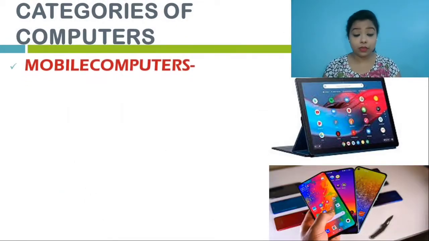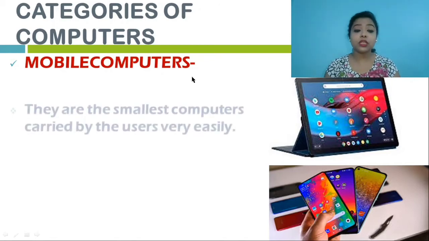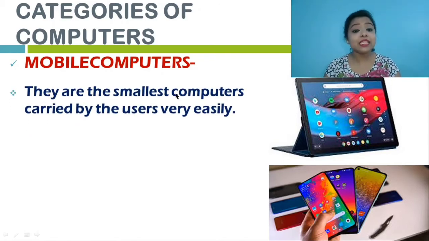So the next computer is mobile computers. These are very popular. You and I and most of the people are using these computers. So what are these? They are the smallest computers carried by the users very easily. You can see the image, the mobile phones we are using, that is called mobile computer.